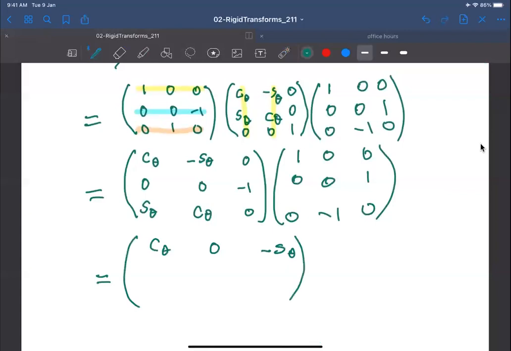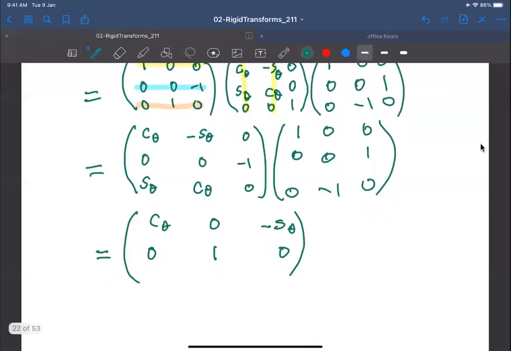All right, and then this is going to be what? A 0, and then a 1, and then 0, right? Yeah. Finally, this is going to be a sine theta, and next it's going to be a 0, and next it's going to be a cosine theta.